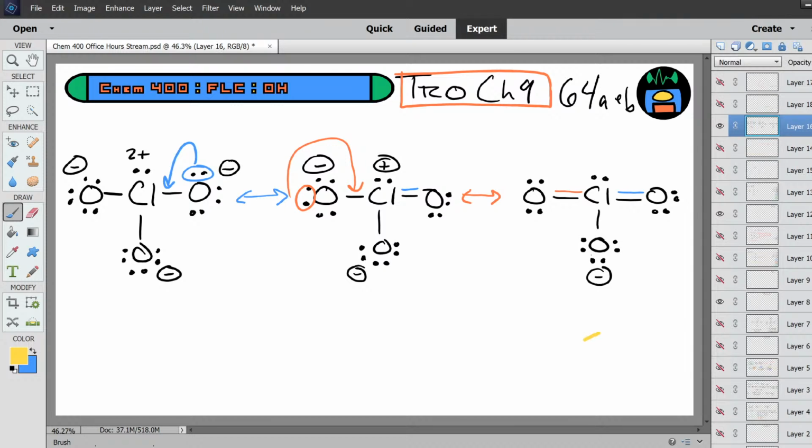So this is the best resonance structure for chlorate, ClO3, because it has minimal formal charge.